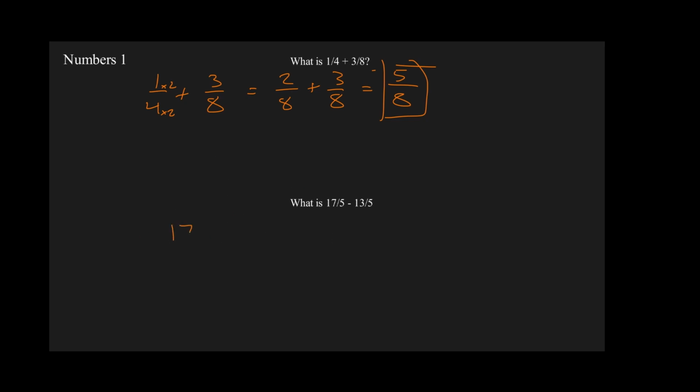So let's rewrite this. 17/5 minus 13/5. And this question is actually pretty nice. The denominators are the same. So we can just focus on the numerator. So we got 17 minus 13, which is pretty simple. It's just 4. So our answer is going to be 4/5.